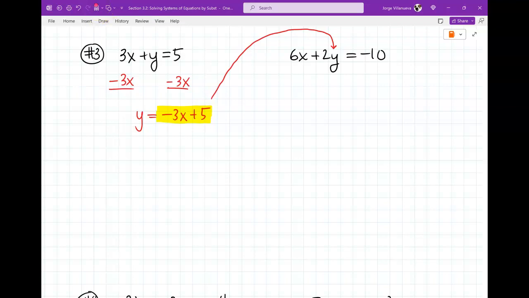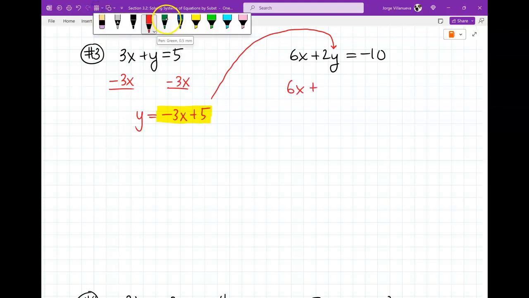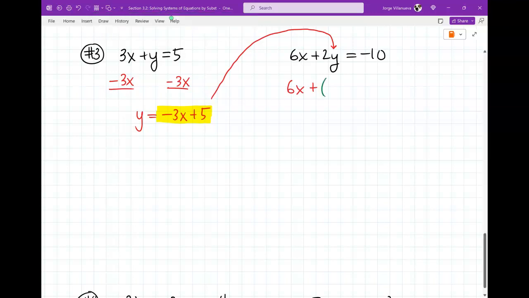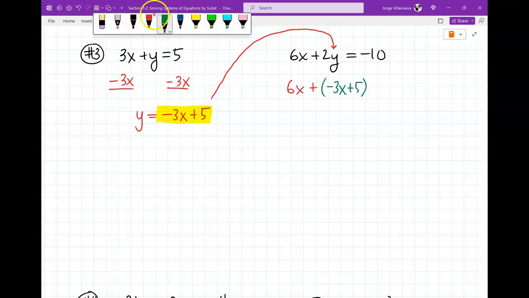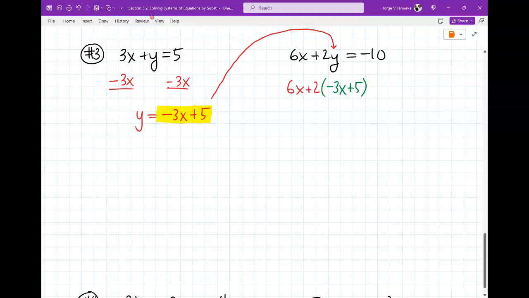So 6x plus 2, and then I'm going to plug in negative 3x plus 5. Oh, I'm sorry, I forgot the 2. Yes, plus 2, thank you, is equal to negative 10.